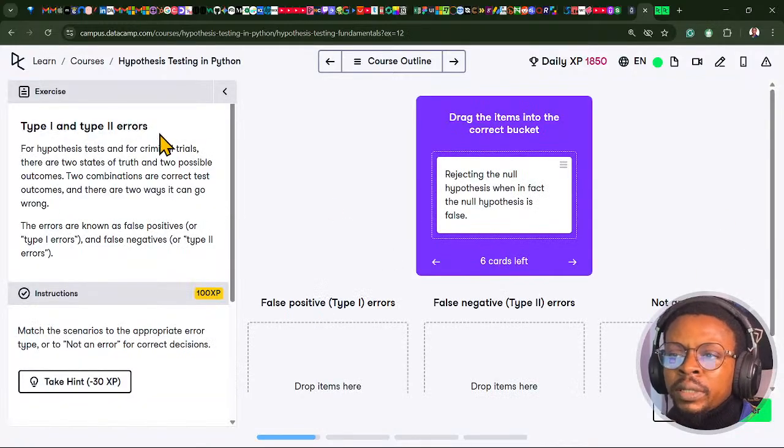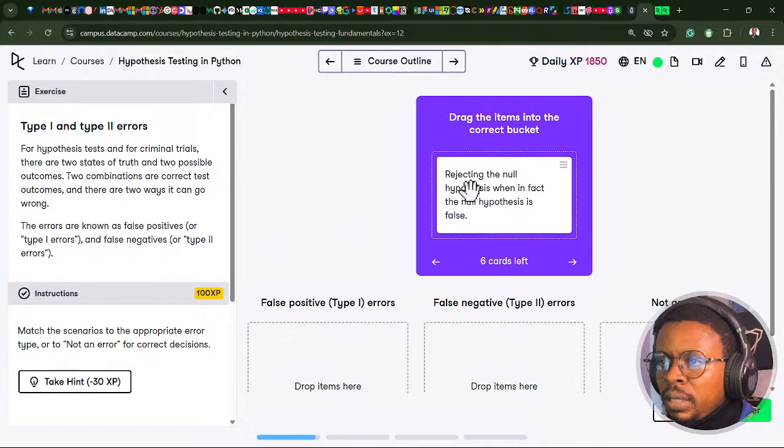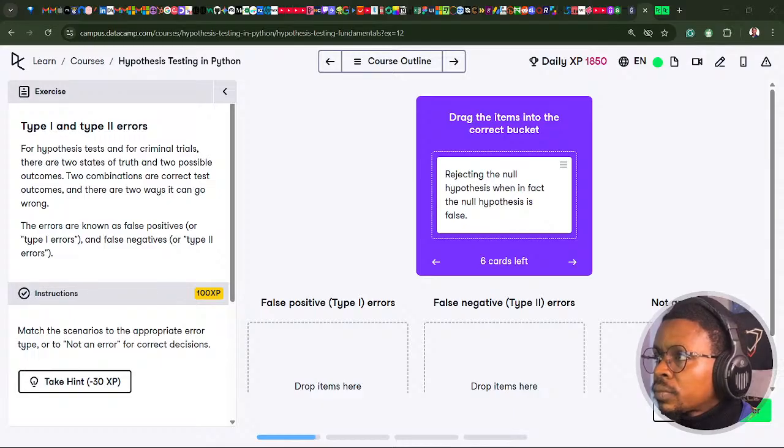Okay. Type 1 and type 2 errors. Let's differentiate between type 1 and type 2 errors for now. False positive type 1 errors: rejecting the null hypothesis when in fact the null hypothesis is true. Then there's false negative type 2 errors.